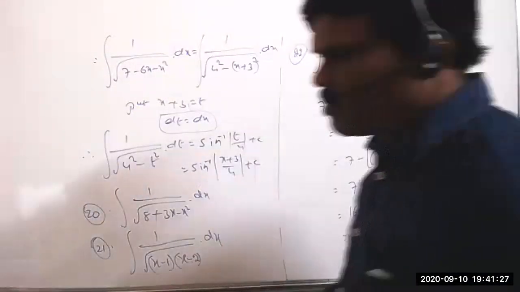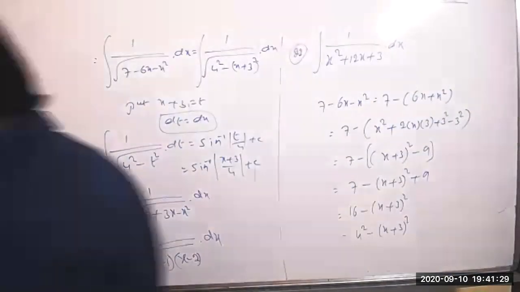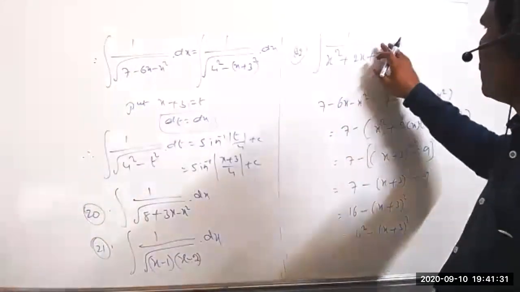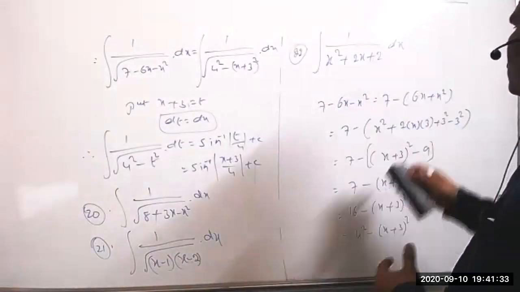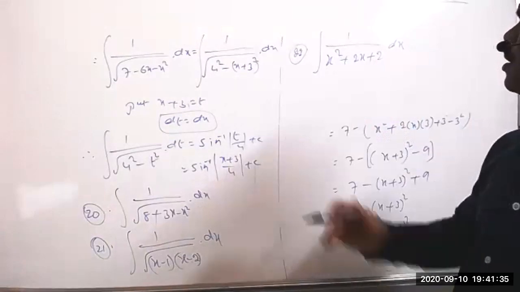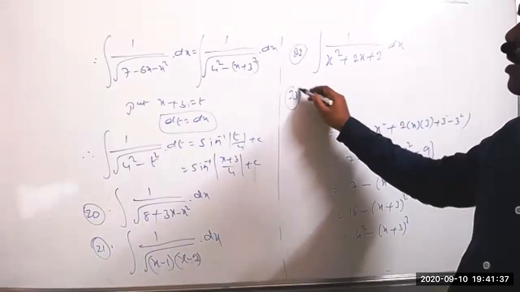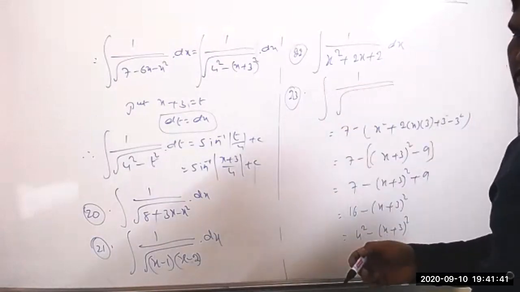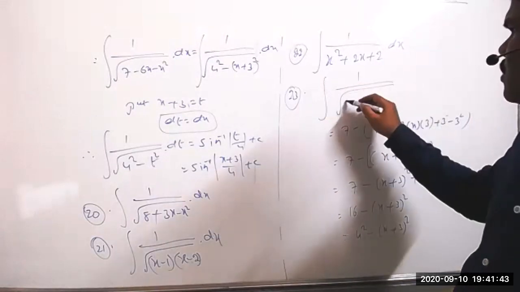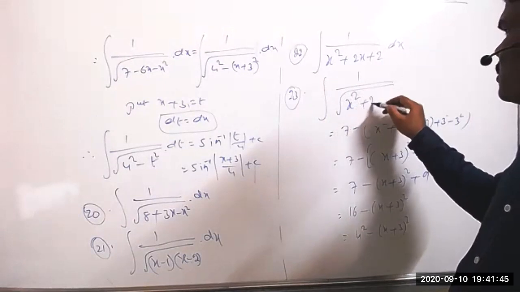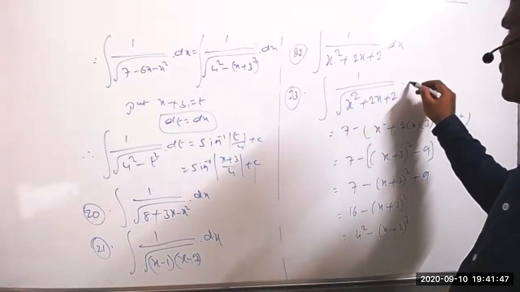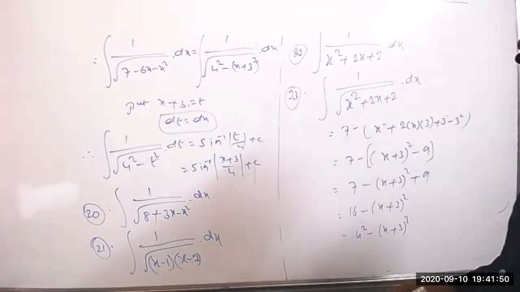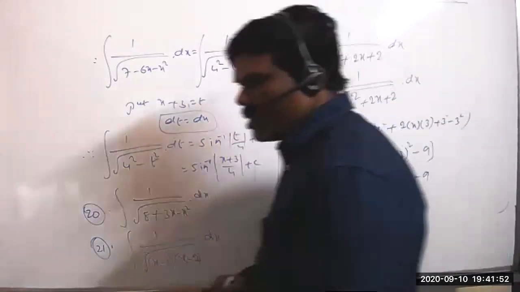The next one is integration of 1 by 2x plus 2 into dx. The 23rd one, integration of 1 by square root of, again the same thing only, x square plus 2x plus 2 into dx. There are 4 questions. You can try later.